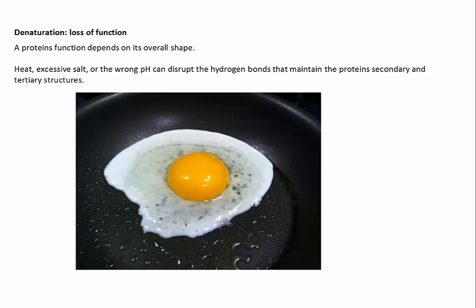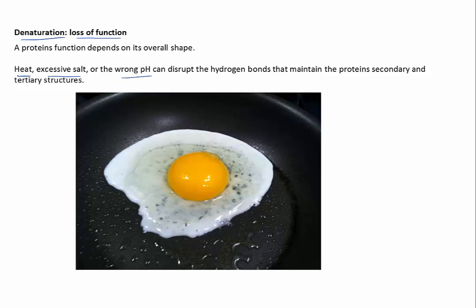So things like heat, excessive salt, or the wrong pH can disrupt the hydrogen bonds that maintain the protein's secondary and tertiary structures. This then denatures the protein. So this is called denaturation, and it results in a loss of function. The protein can no longer do its job. The protein is denatured if its structure is modified enough to destroy its function.